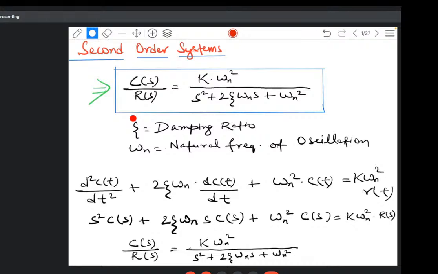Even in the tank circuit, including L and C, that is also a second order system, so that also has a tendency to oscillate. The current in that second order system will oscillate about the steady state value. So all second order systems, whether mechanical or electrical, will have a natural tendency to oscillate about the steady state.